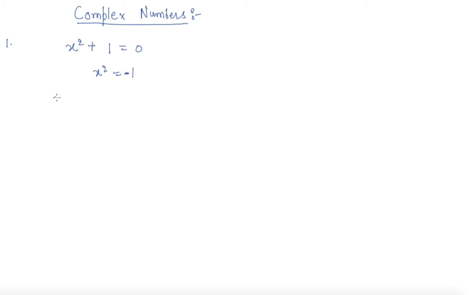So x doesn't have any real value. But it can have a complex value, which will be equal to plus minus root of negative 1, and we can denote the root of negative 1 as iota.